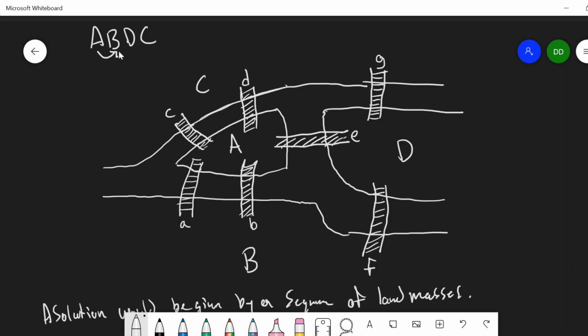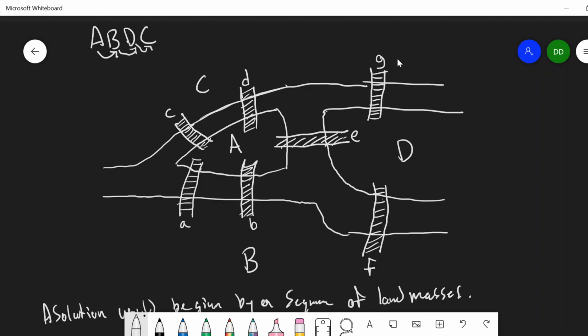A to B, and then we would take the bridge from B to D, and then the bridge from D to C. And so if we have 4 land masses in the sequence, that would correspond to 3 bridges, right? One less bridge than the number of land masses in the sequence. We can think of this as a path in terms of graph theory, and there's one less edge than the number of vertices. More on this in a little bit.